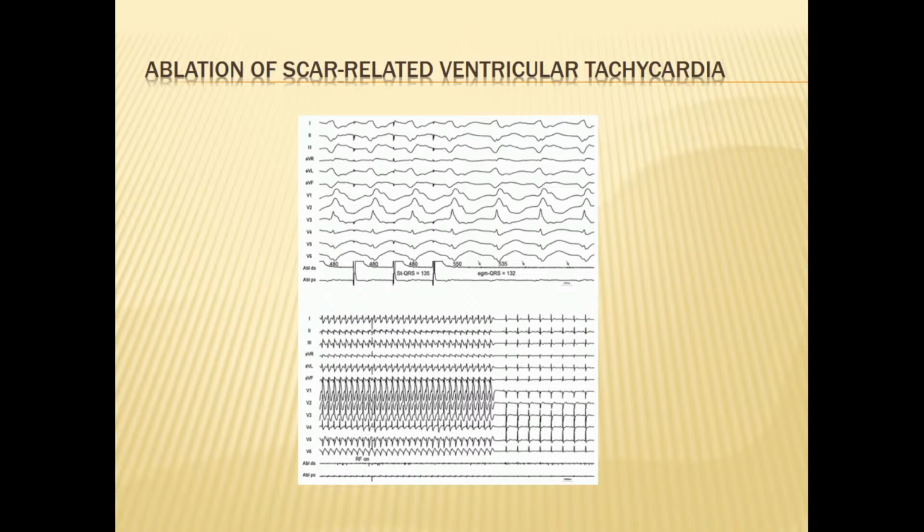Ablation of scar-related ventricular tachycardia. You see in the lower ECG a paroxysm of ventricular tachycardia which suddenly stops after ablation of these pathological sources. Here is the electrical energy which is sent for ablation.